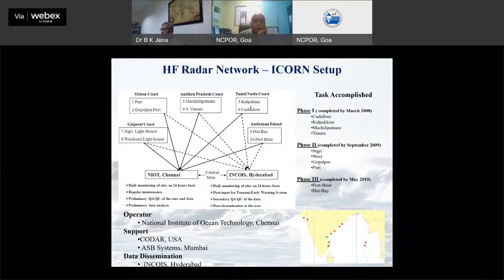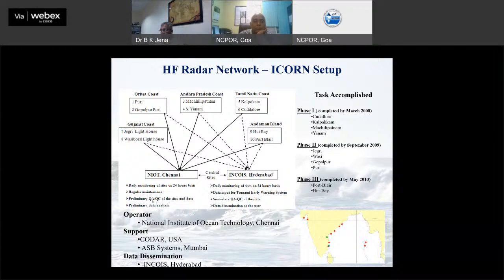All this data comes in real time to NIOT Chennai as well as INCOIS Hyderabad, with just a 2 to 5 minutes difference. NIOT does daily monitoring 24/7 and regular maintenance of the central sites as well as the remote sites. And we do a preliminary QAQC.